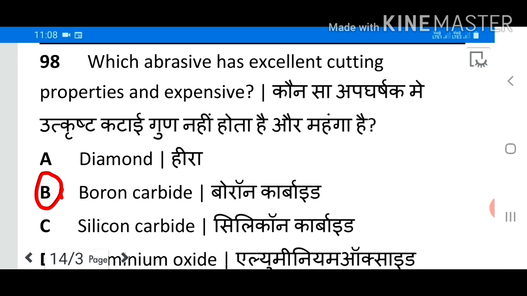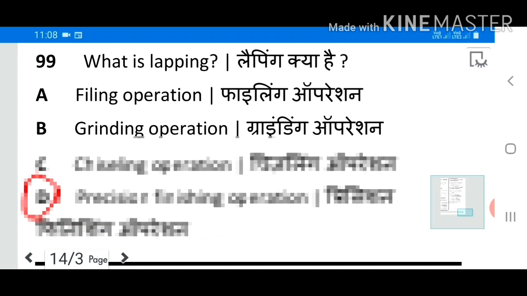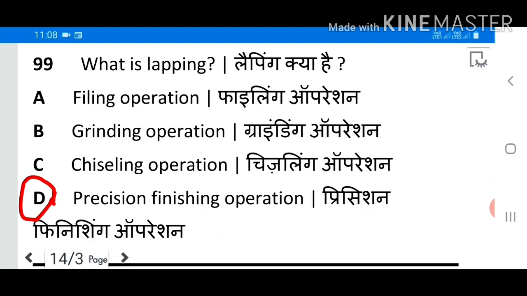98. Which abrasive has excellent cutting properties and is expensive? Answer B. Boron carbide. 99. What is lapping?